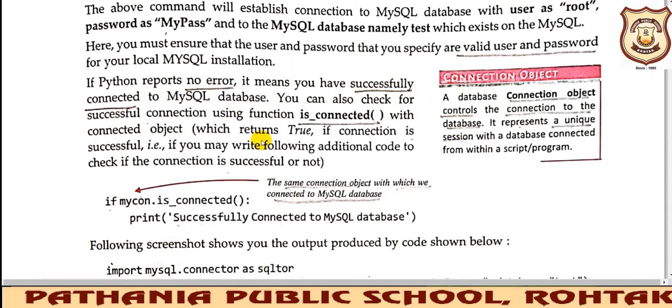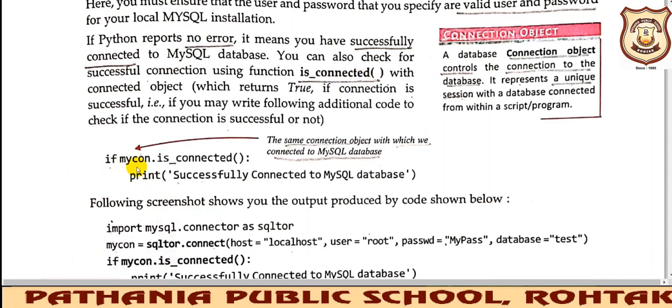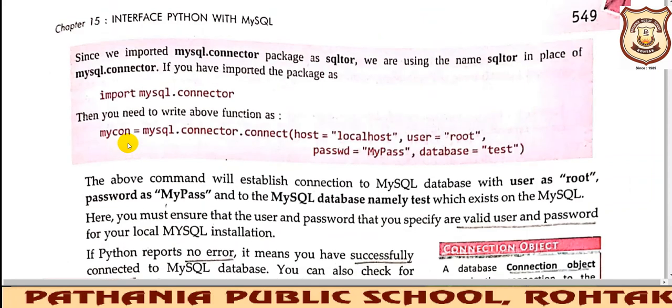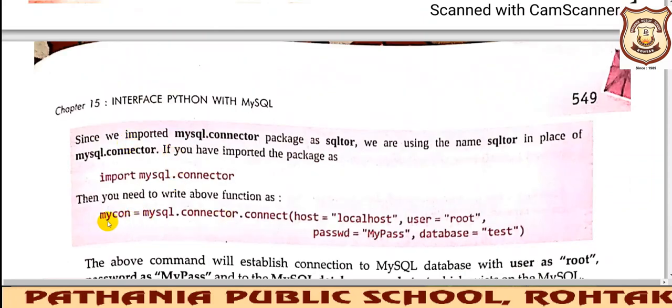And if you want to check whether this connection has been established properly or not, you can check it using the is_connected function. You will write the syntax like this: if mycon.is_connected(). Mycon is that particular variable that is storing the connectivity in the form of yes or no. You are establishing a connection using this library, and this function will tell you whether the connection has been made or not.